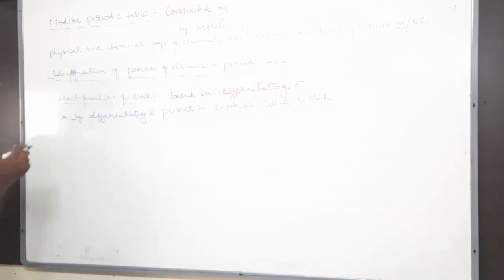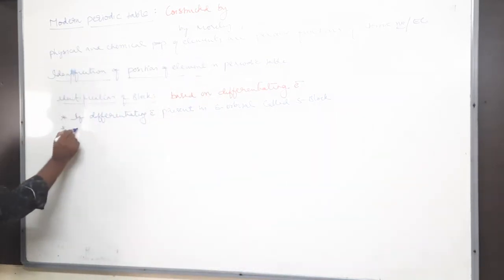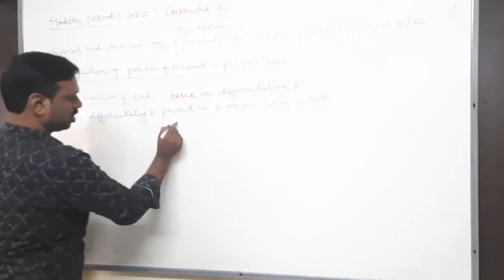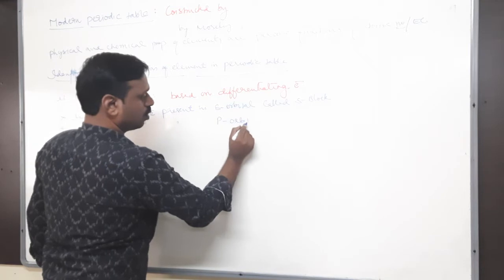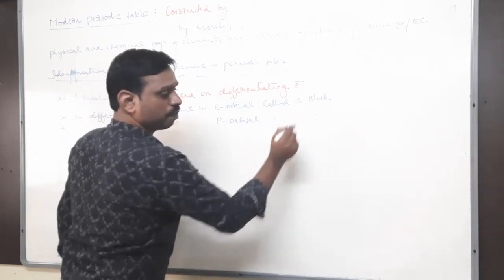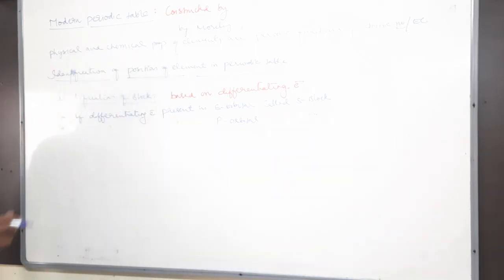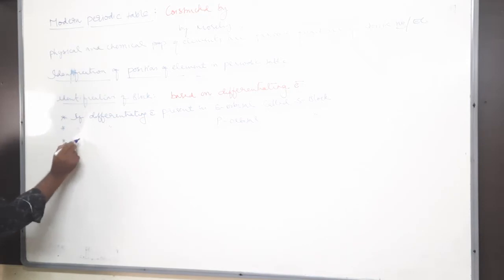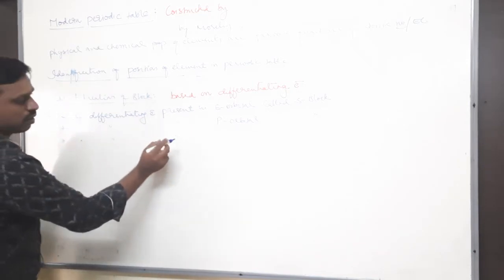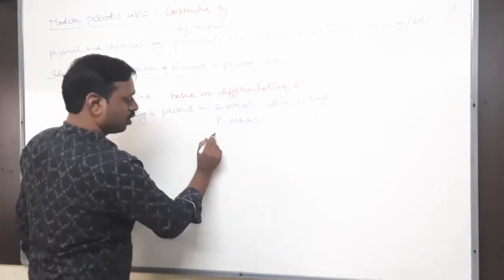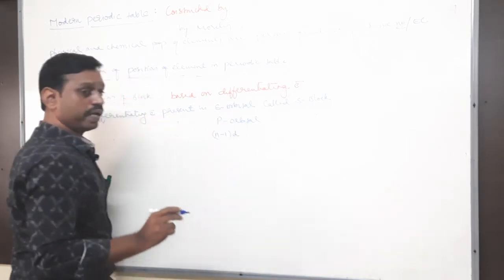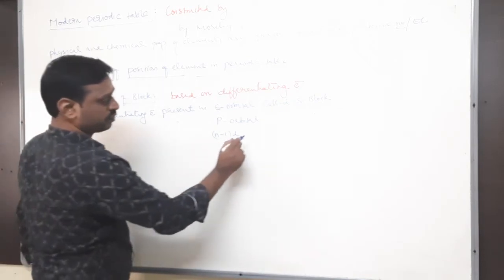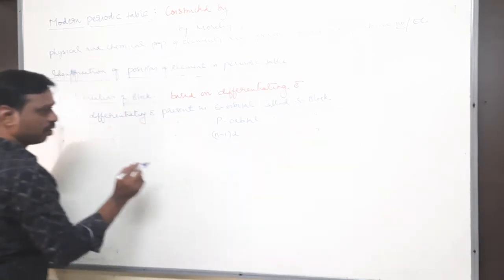Similarly, if the differentiating electron is present in p orbital, it is called p block. If the differentiating electron is present in n minus 1 d, which is called the penultimate d orbital, it is called d block.